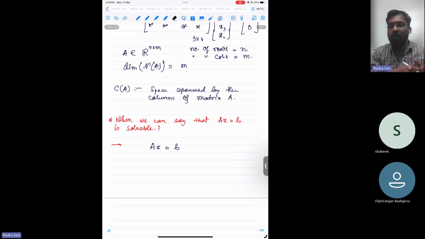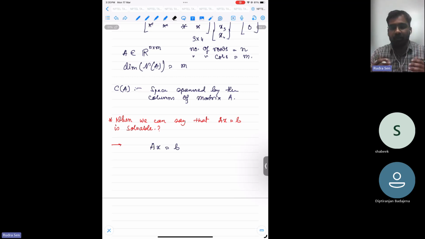If b does not lie in the column space of A, we do not get an exact solution; there does not exist any solution. For that case, what should we do? We need to do some least square error, which means some sort of projection.